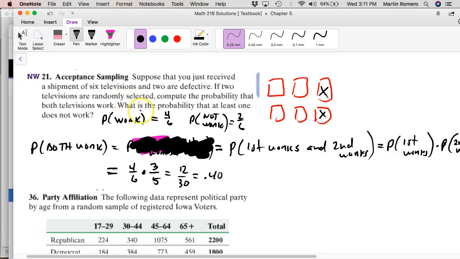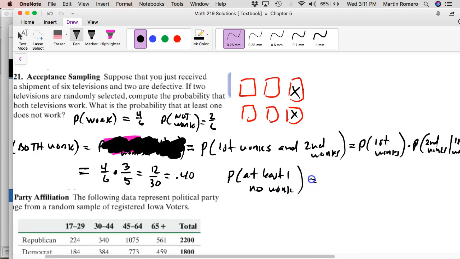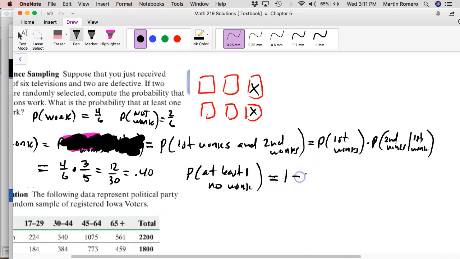Okay, and then what is the probability that at least one does not work? What we learned in the previous one, this is an idea from our notes here, is that this is an at least one probability, which is 1 minus the probability that both work.